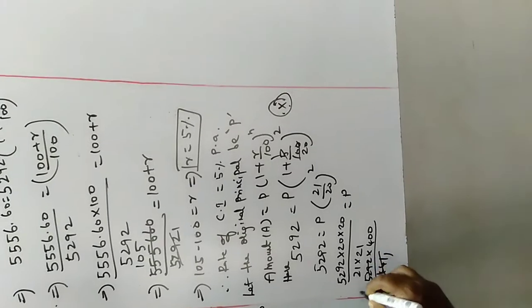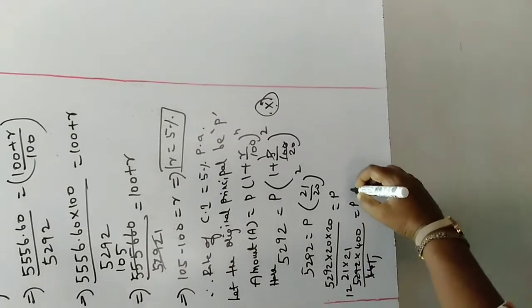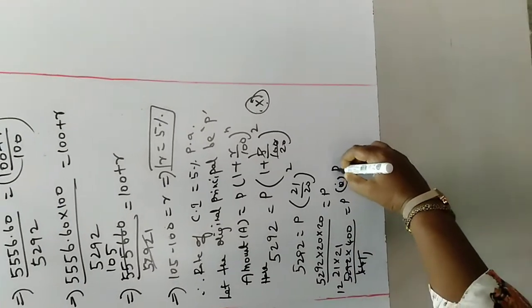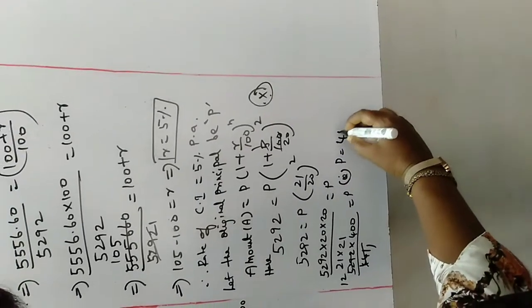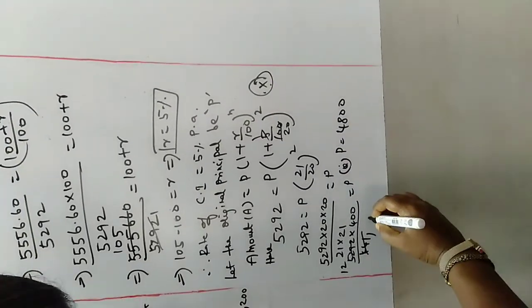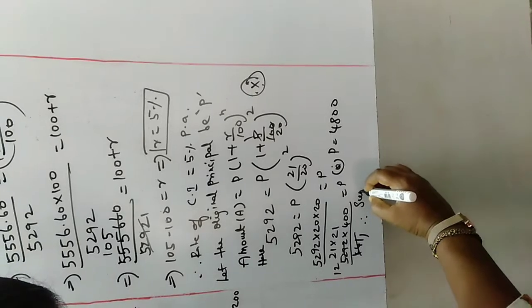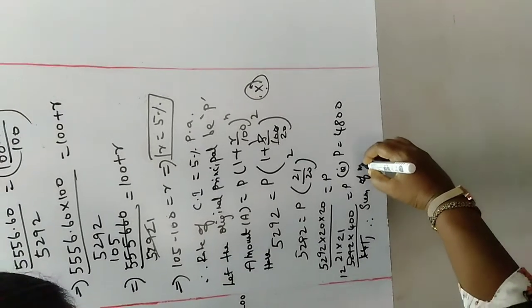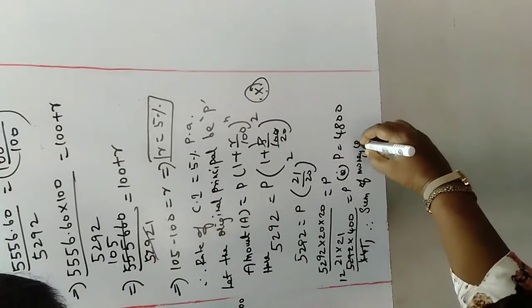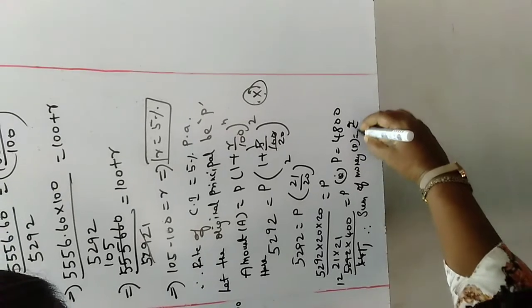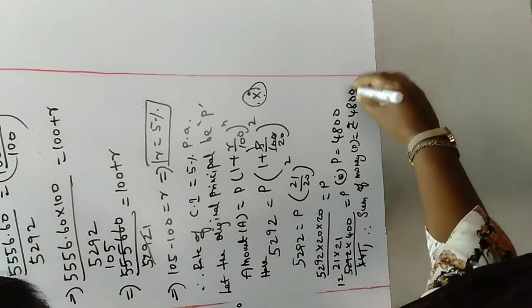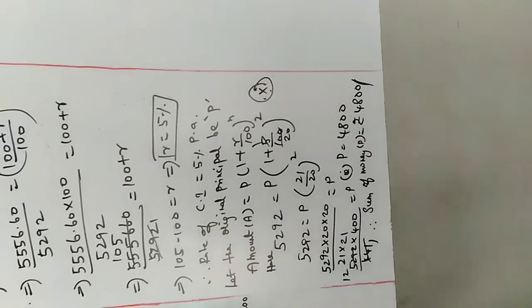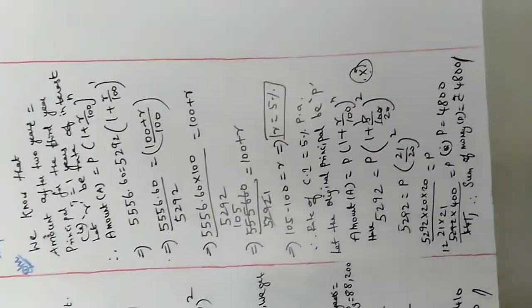This is 1 time, this is 12 times, which is equal to P. So P equals 4800. Therefore, the sum of money P equals rupees 4800. Clear? Okay.